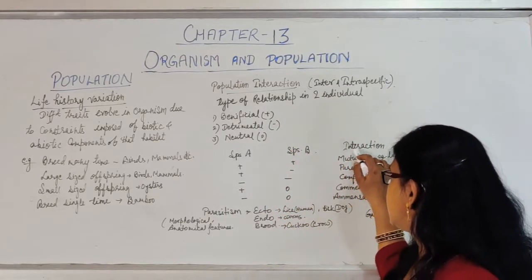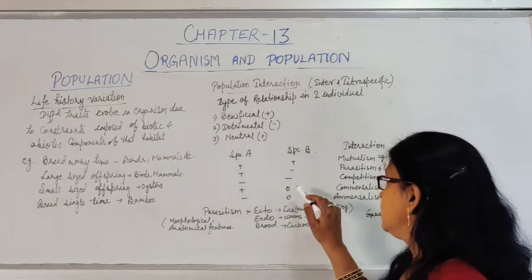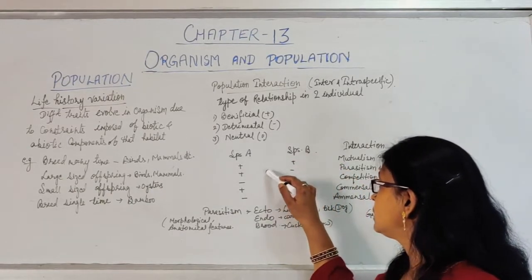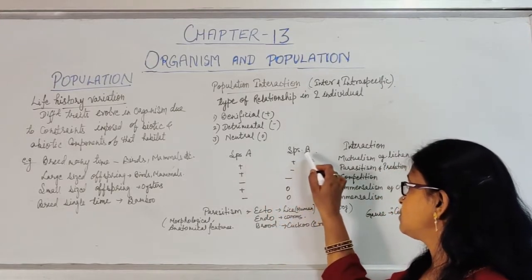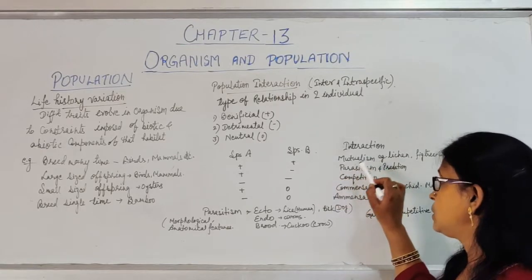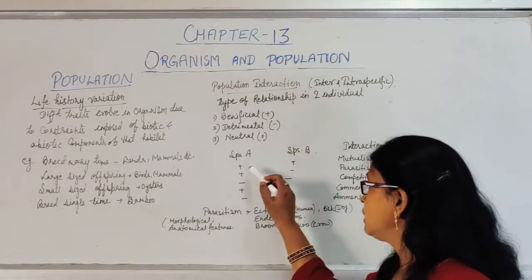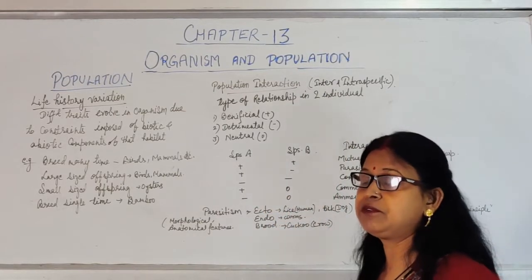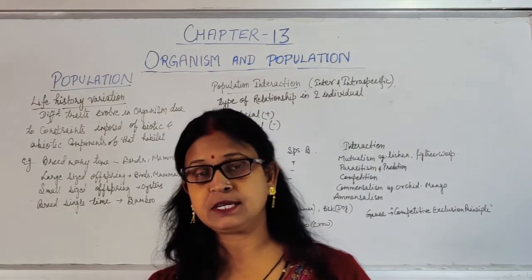These are the different types of interaction which exist in nature, depending upon the type of relationship: species A, species B, and type of interaction. Mutualism is the first type, in which both species get benefit from each other, for example lichen and mycorrhizae.